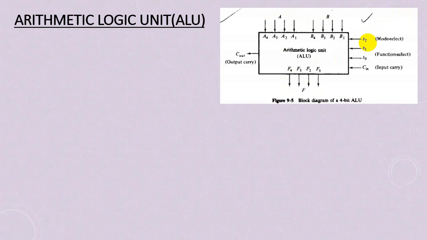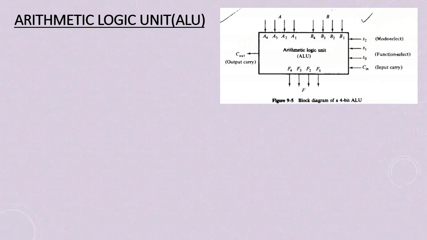When the mode select pin is 0, it performs arithmetic operation. When the mode select pin is 1, it performs logic operation. S0 and S1 are the function select. By these two function selects, 4 operations can be performed.